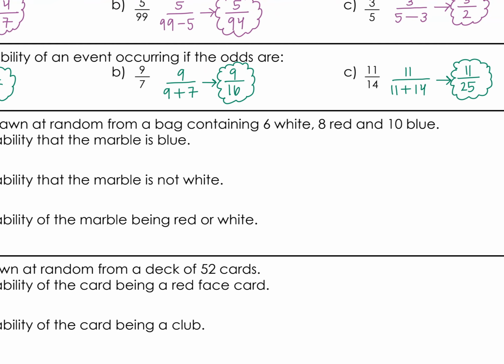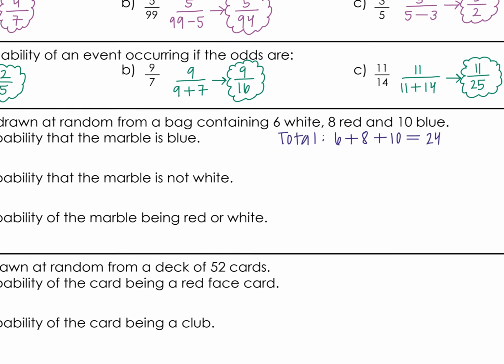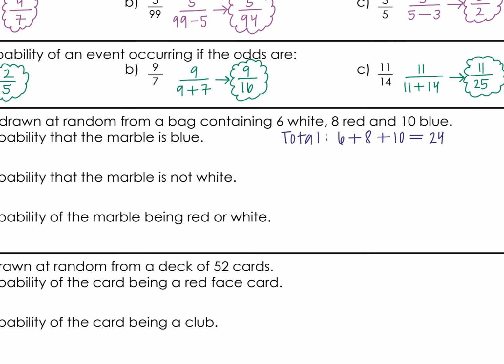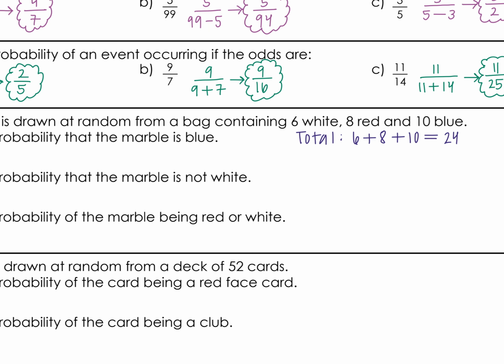Because we are finding probability, I'm going to start off with figuring out my total by adding 6 plus 8 plus 10, which should give me 24. So what is the probability that the marble is blue? Well, we had 10 blue marbles over my total 24, and this will reduce down to 5 over 12.